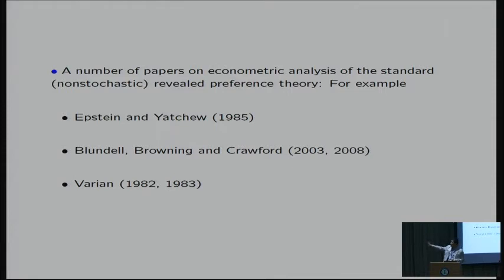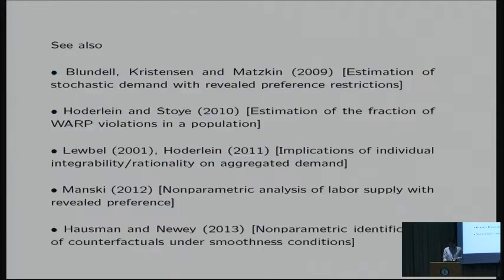But these papers almost take a standard, non-stochastic revealed preference theory, and then sneak in epsilon somewhere and do econometrics. So that's my unfair description of what they are doing.